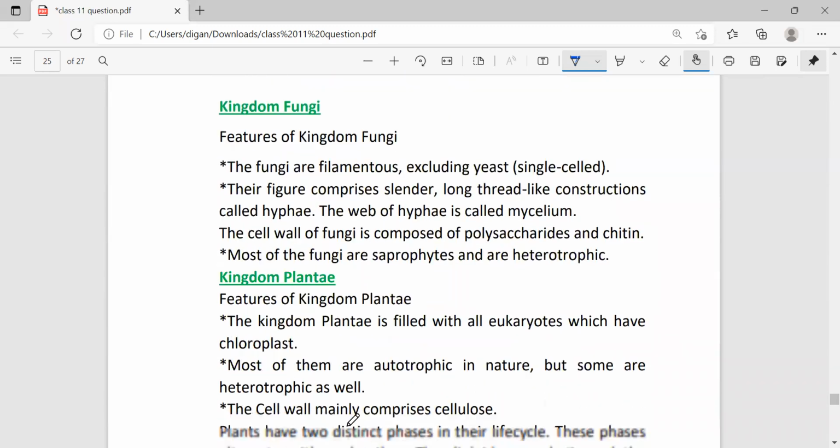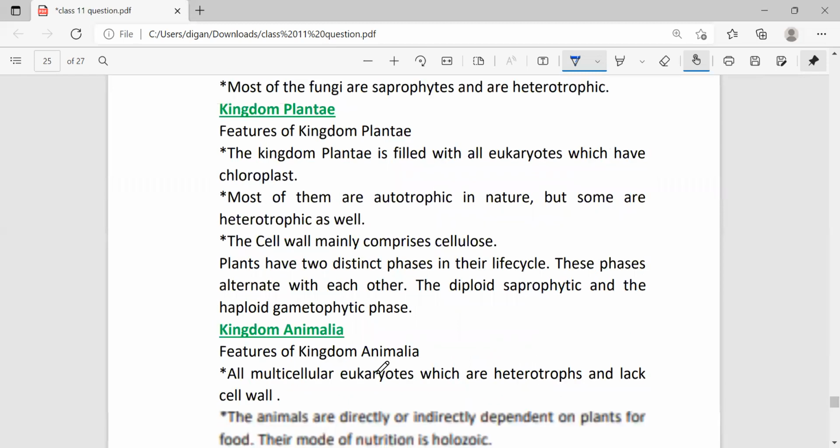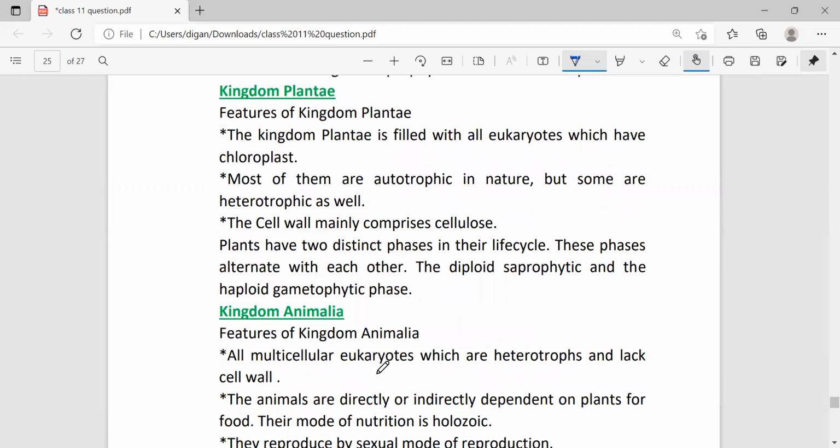Next, kingdom Fungi. These are the characteristics of fungi. Next, kingdom Plantae. For Plantae, these are the characteristics. And kingdom Animalia, and these are the characteristics of Animalia. In Plantae, this point is very important. This type of plant has two distinct life phases. These phases alternate with each other.